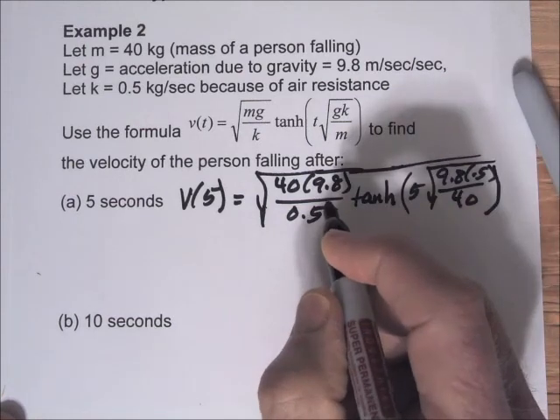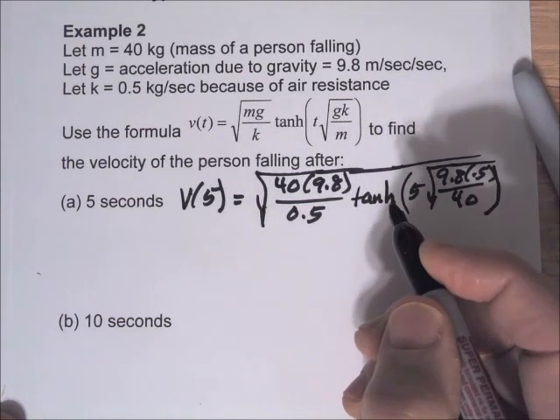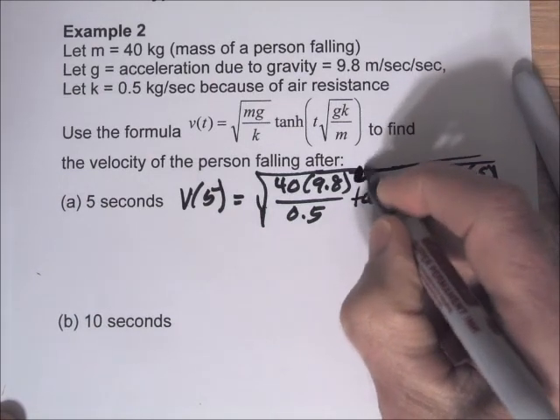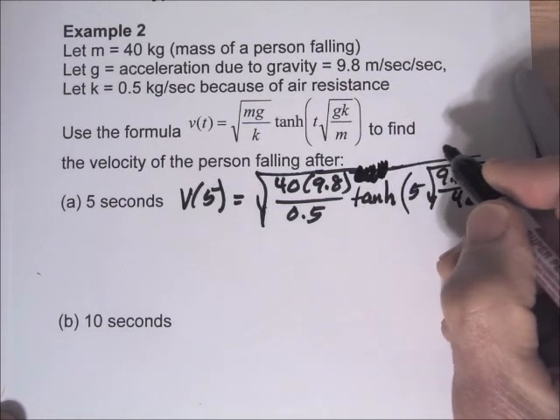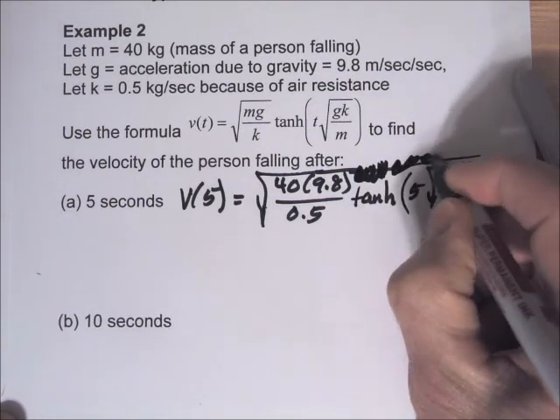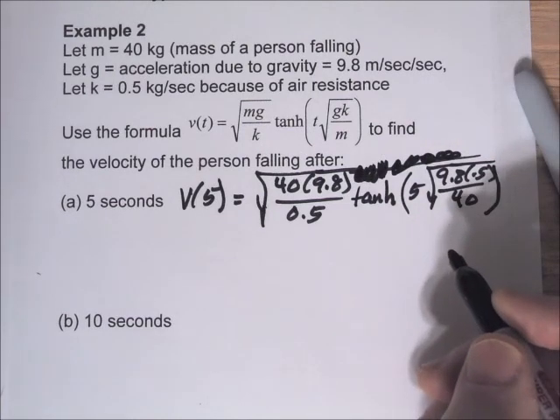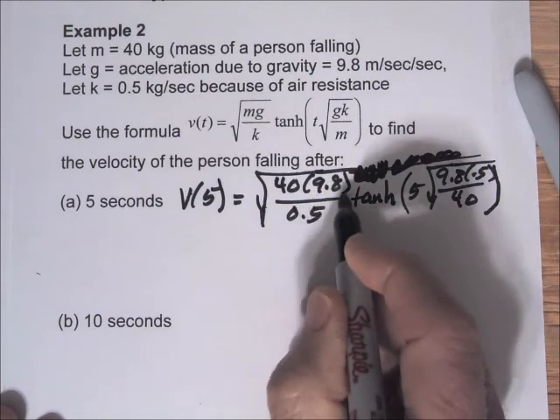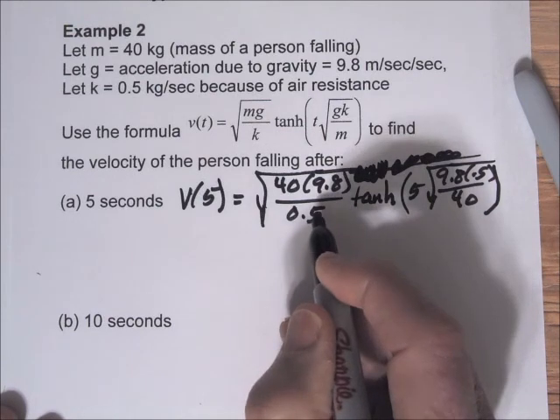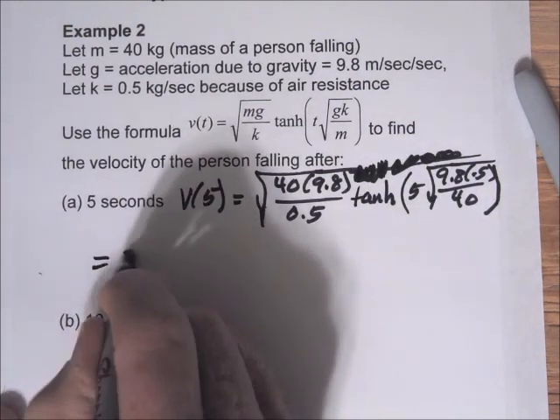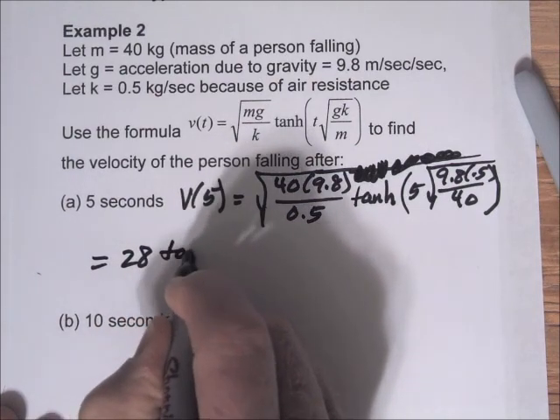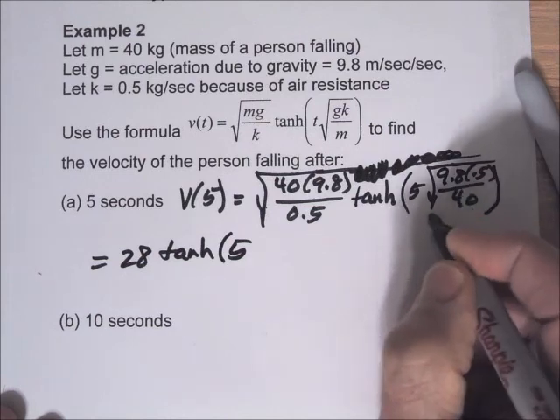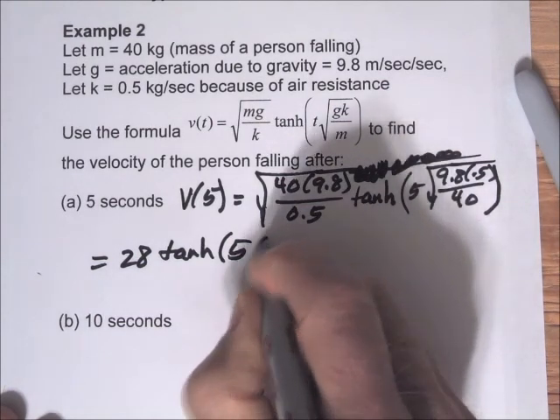Actually, this square root does not go all the way across. The first square root, 40 times 9.8 over 0.5, comes out to be 28. And we'll have the hyperbolic tangent of 5 times the second square-rooted expression, which comes out to be 0.35.